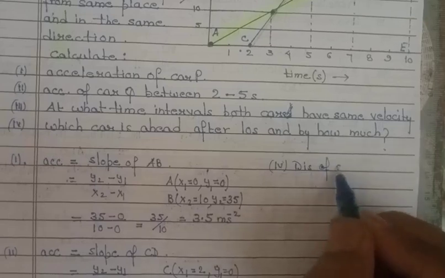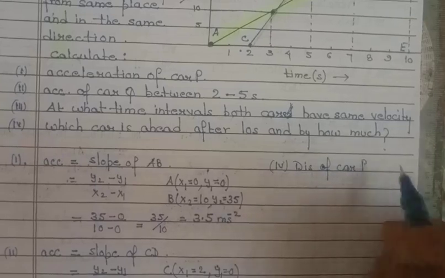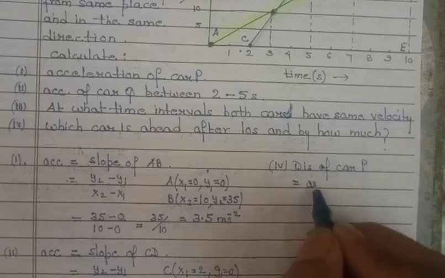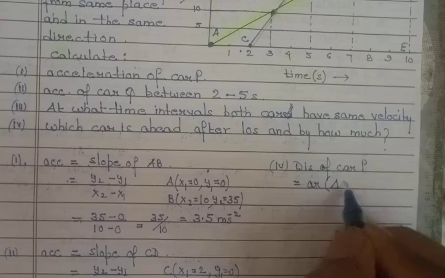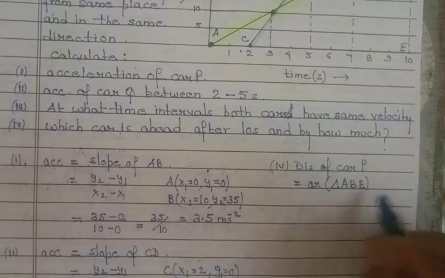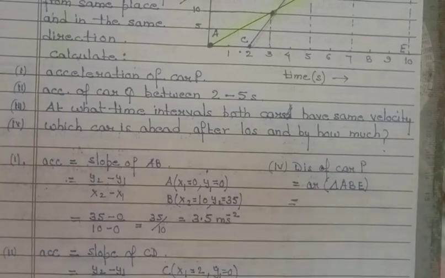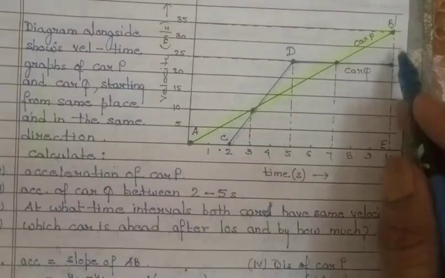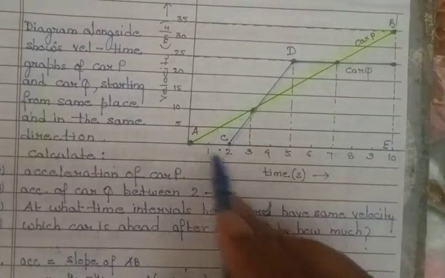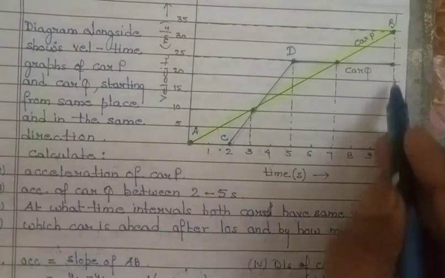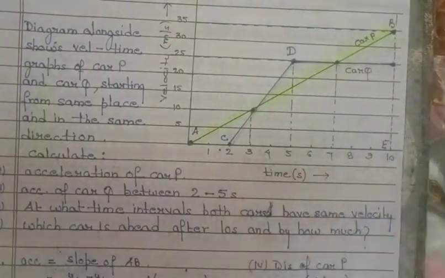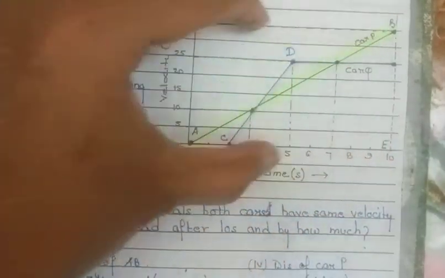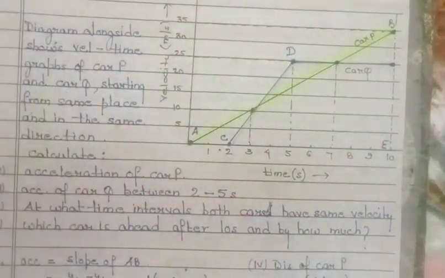So distance of car P is equal to the area of the triangle ABE. So we will get the area of triangle ABE. So see, triangle ABE, base is 10 and this height of the triangle is equal to 35.